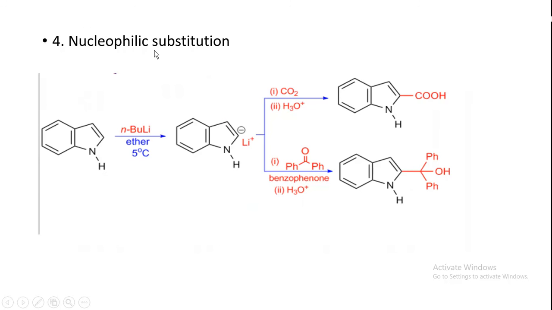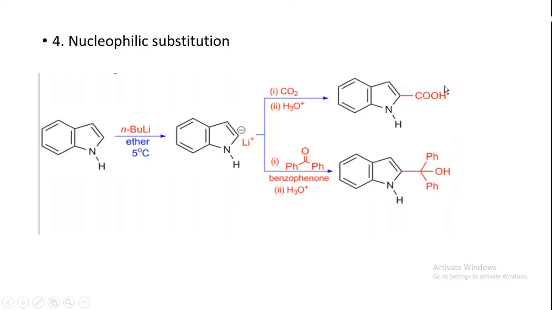Next is the nucleophilic substitution reaction. So you see n-butyl lithium in ether at 5 degrees Celsius, it will form the lithium salt. Here two reactions are possible, nucleophilic substitution reactions. Here substitution is taking place. That means react with carbon dioxide and then go for acid hydrolysis. It will form a carboxylic acid at the second position.